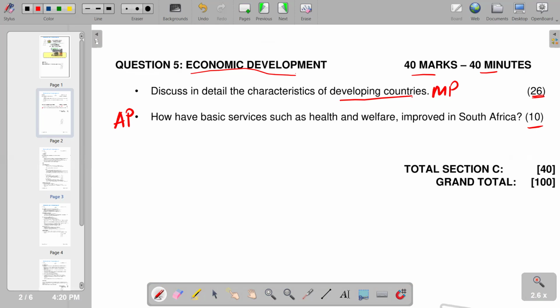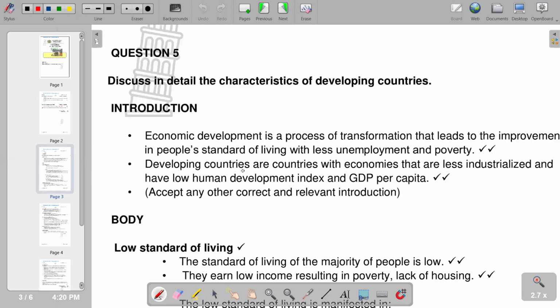They have a less developed industrial base and a lower human development index relative to developed countries. So our description here is that developing countries are countries with economies that are less industrialized and have a low human development index and GDP per capita.